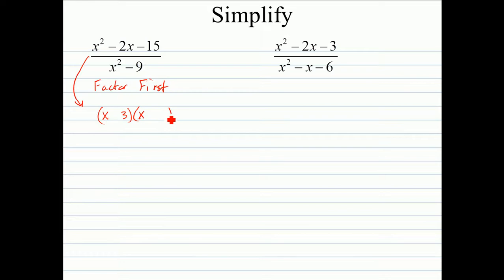Let's go 3, 5. The minus goes here, the plus goes here. That's the top. And the bottom's going to be x plus 3, x minus 3. Now notice that the x plus 3's are the same, so I can cancel those out. So all I'm left with is x minus 5 over x minus 3. So you see how simple the simplification process could be as we're doing those.